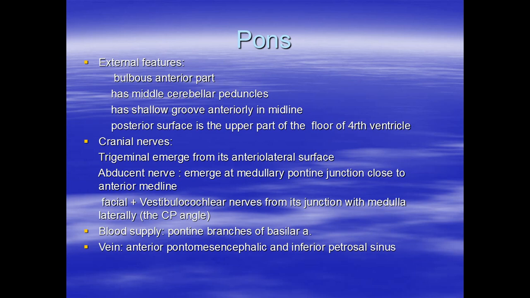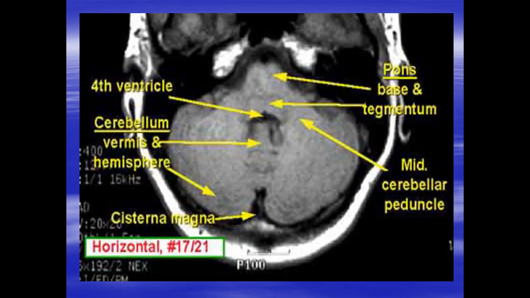Blood supply of the pons is from the pontine branches of the basilar artery, while the veins are the anterior pontomesencephalic and inferior petrosal sinuses. So, the pons has a rounded anterior surface.